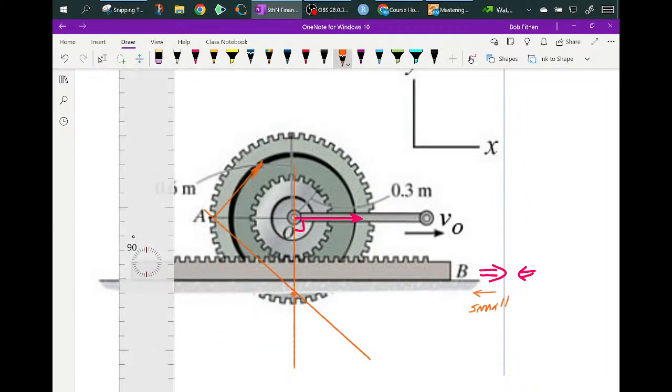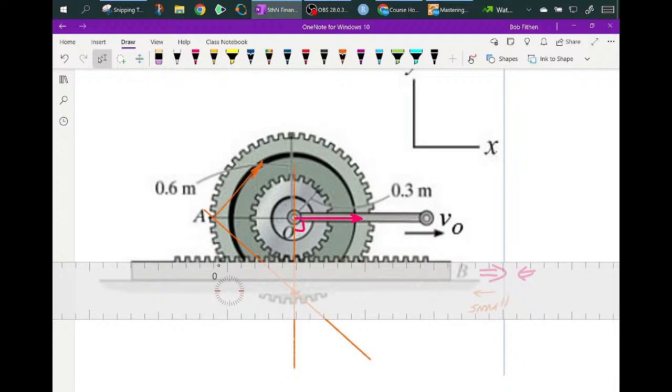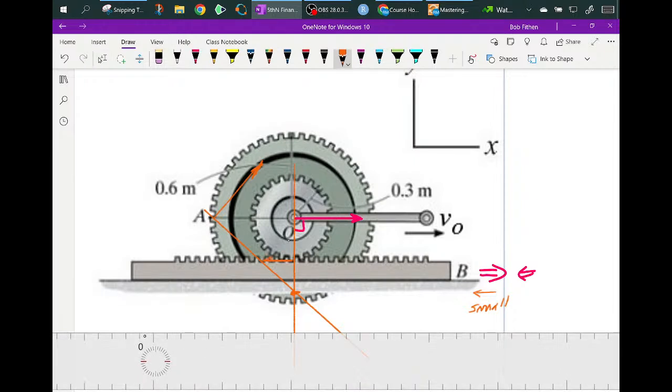Looks like the instant center is right there, which now, if you go right here where these two gears are touching, so to speak, coming back to the left, this in fact is the velocity of the rack, or velocity of B. So hopefully that explains things moderately well, I hope.